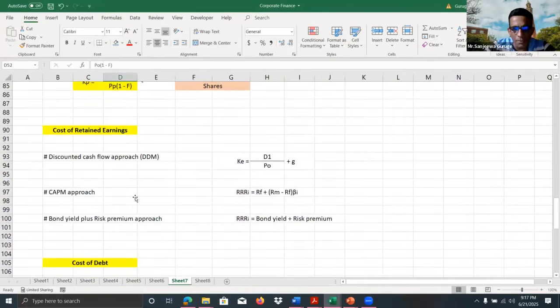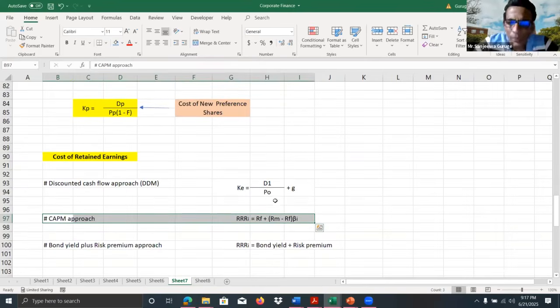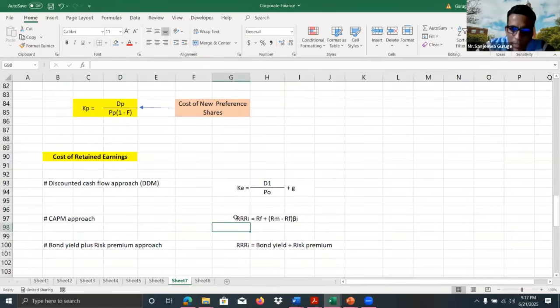So to calculate the cost of retained earnings, we can use this dividend discount model, or we can use the CAPM approach, a very similar method. Because this CAPM, this capital asset pricing model, provides a very logical basis for any investment, right? That's why even though the capital asset pricing model was developed in the 1960s, the basis has not been rejected.